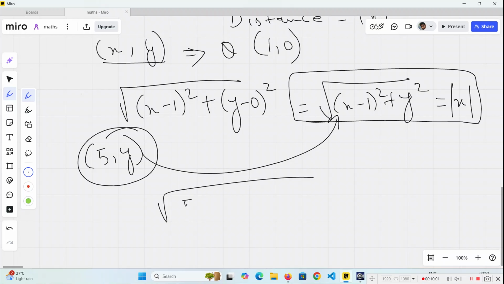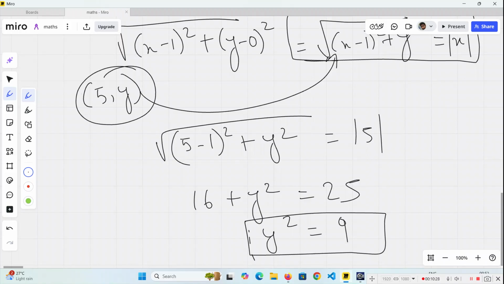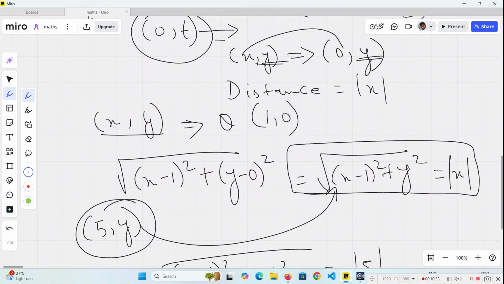So I can put the value of 5 here: 5 minus 1, whole square, plus y square equals 5. This is 4 square, 16, and that is 25. So 16 plus y square equals 25. So y square is nothing but 9.